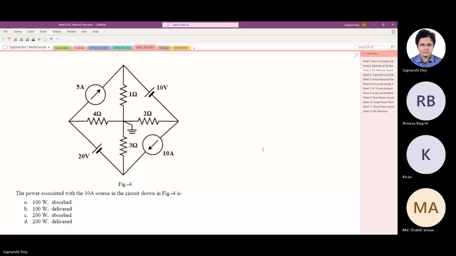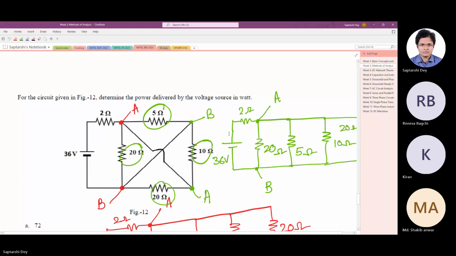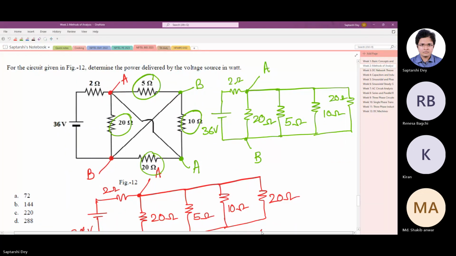Rearranging. Yes. It's all about marking the nodes with the same potential, then take the elements one by one and make sure all of them are in the redrawn circuit connected across the same potential. That's all.